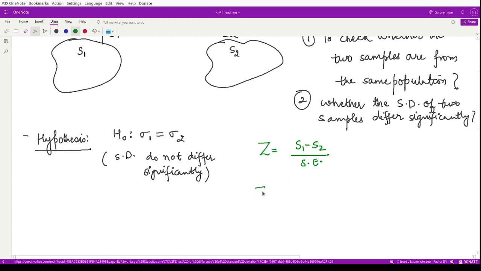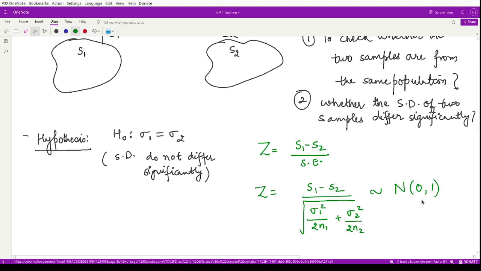It would be equal to the square root of sigma 1 square divided by 2n1 plus sigma 2 square divided by 2n2. And this approximates to the standard normal distribution having mean 0 and standard deviation 1.